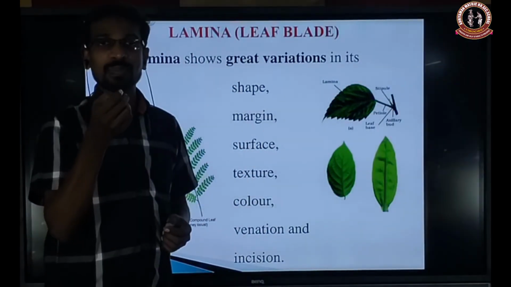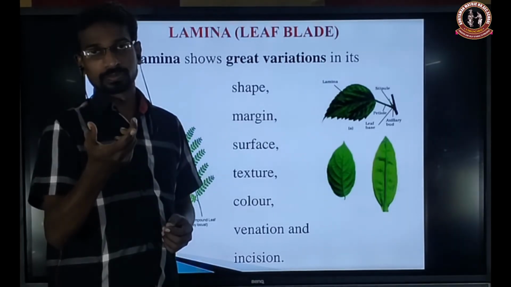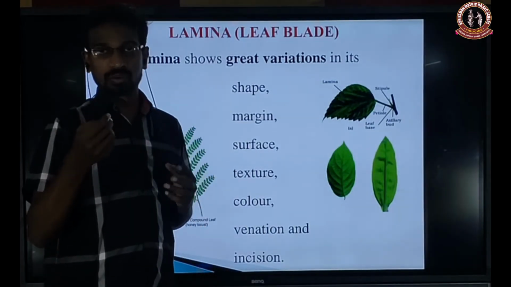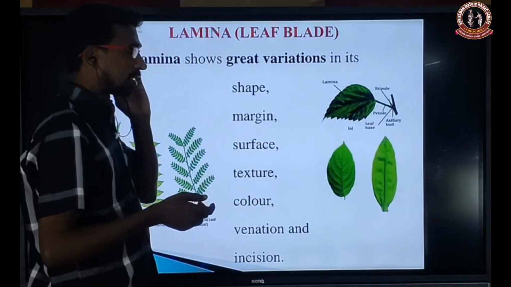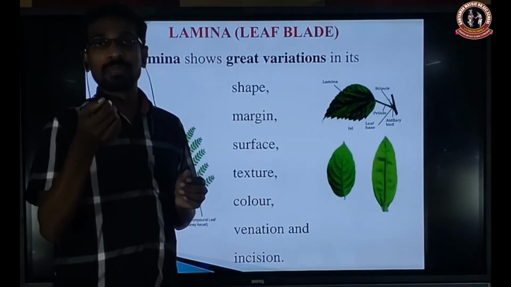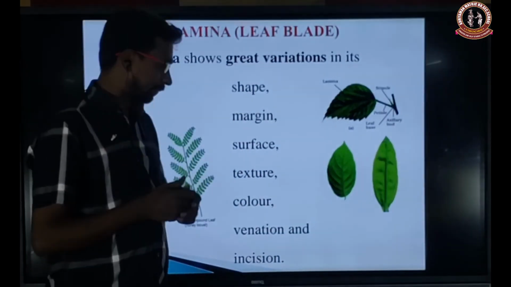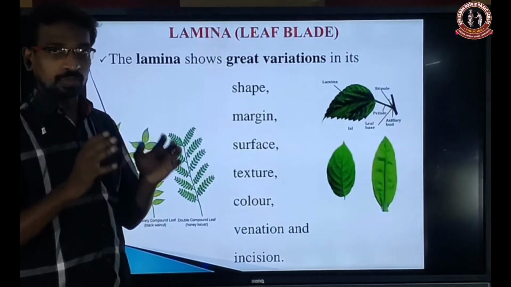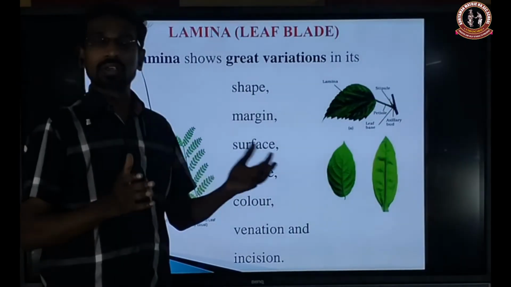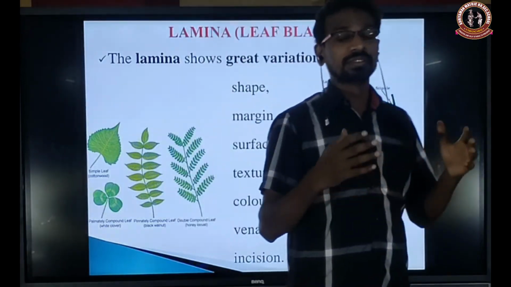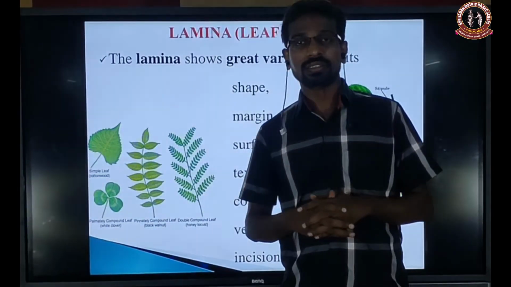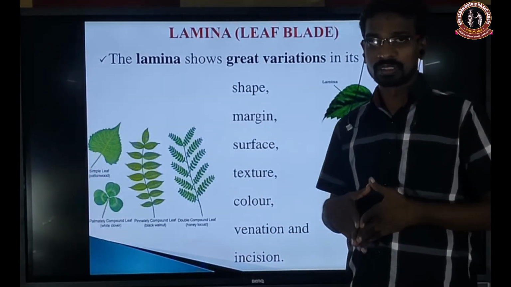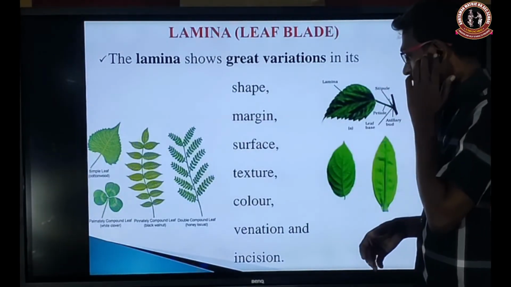The surface may be smooth or glabrous, or hairy. The texture may be soft, hard, or succulent. In color, most leaves are green, but some hybrid varieties have various colors.